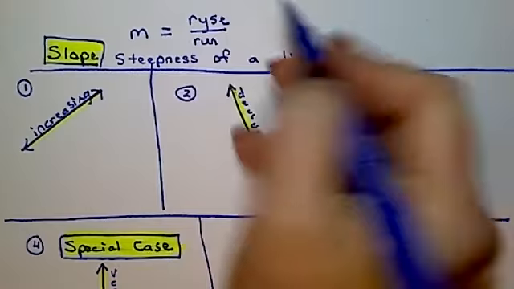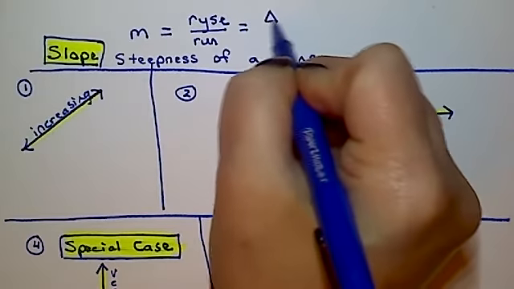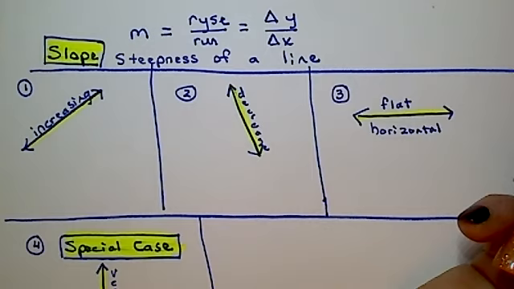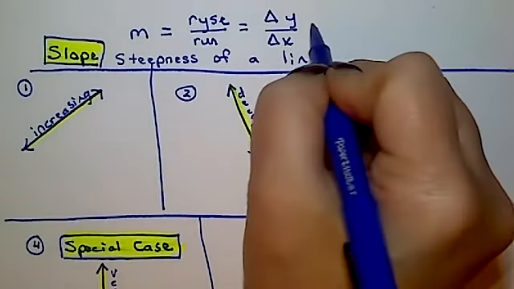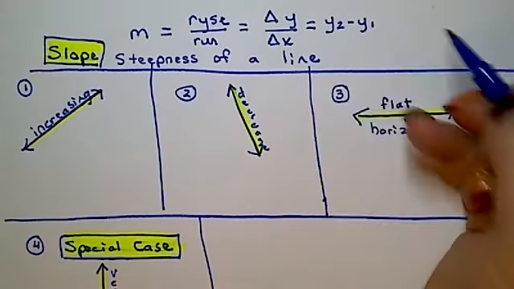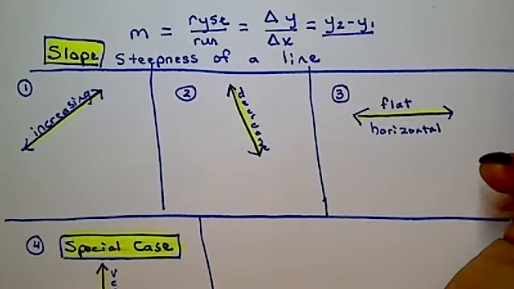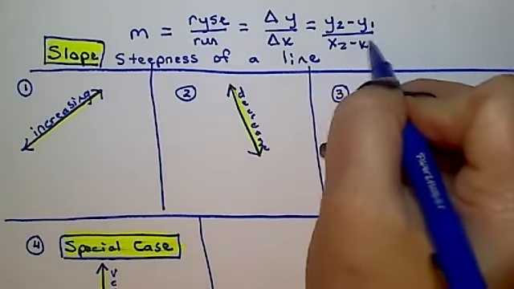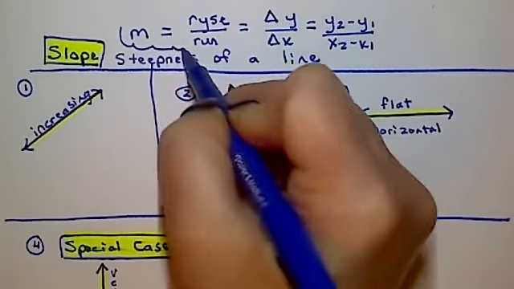The reason I put the y there is because it's the change in y's over the change in x's. Y's come first. There's a formula, y2 minus y1 tells you how much the y's change by subtracting, and x2 minus x1.